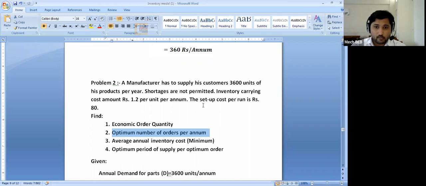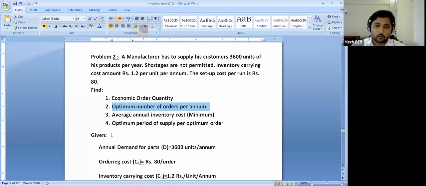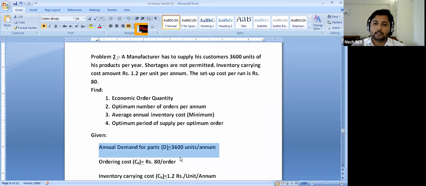I hope you understood this problem and you will be able to solve it. Initially you can write the given data, which will help you understand the problem statement. First, the annual demand is provided, D is equal to 3600 units per annum.